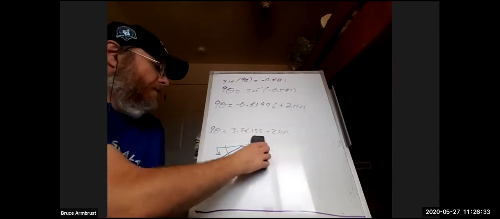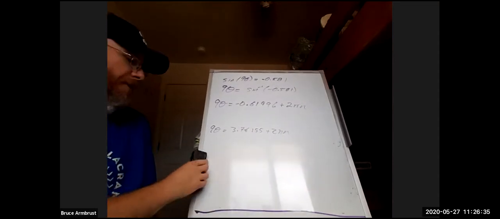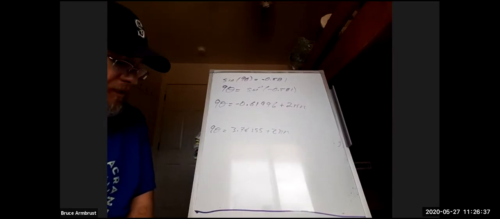So again, that 3.76155, that's this guy. So always find that second angle. Always look for the other place where our trig function can attain that specific value. We'll get the one using the calculator, and then the other one we have to use our reference angle.